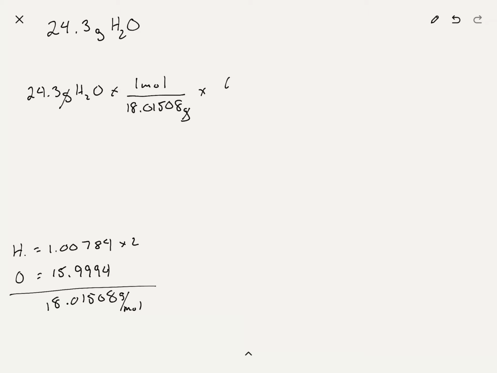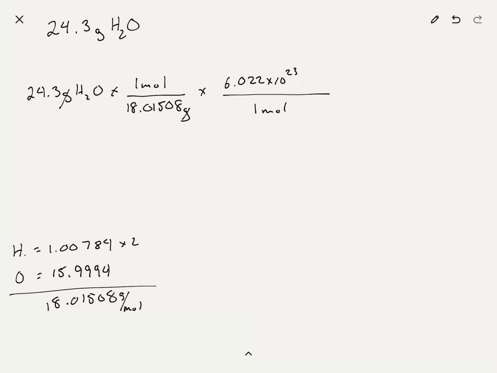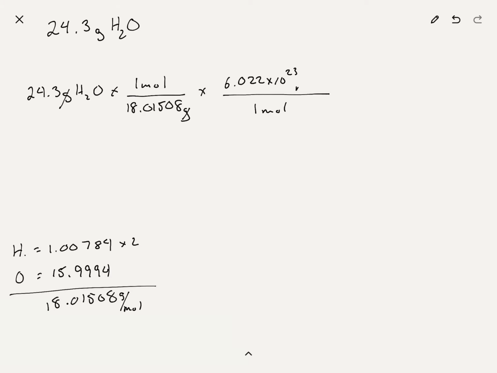And then now that we have moles, we can go to atoms. We know that 6.022 times 10 to the 23rd atoms are in every 1 mole of anything, which I guess in this case it's molecules, not atoms. Let's fix that.